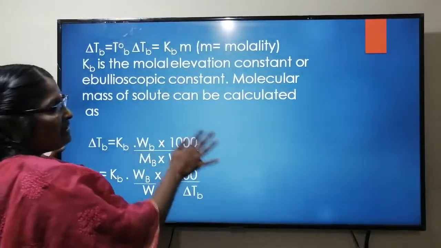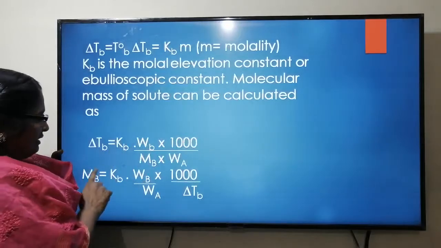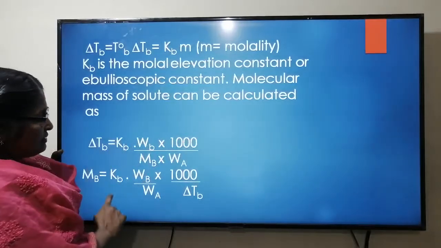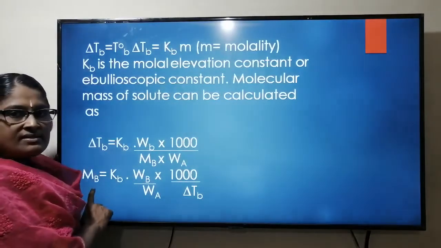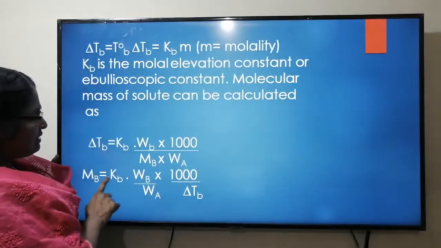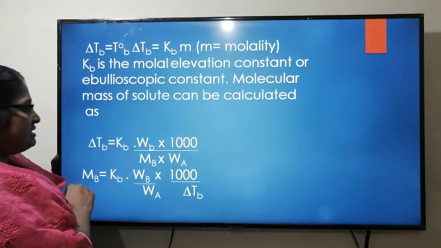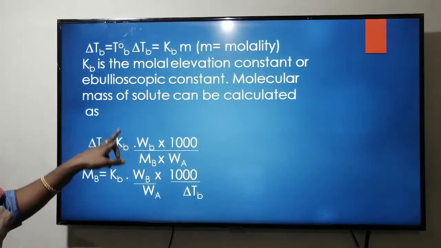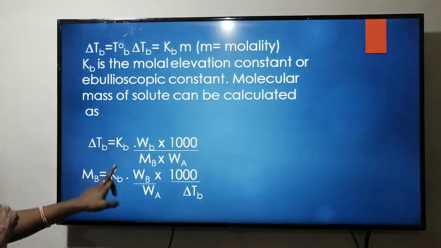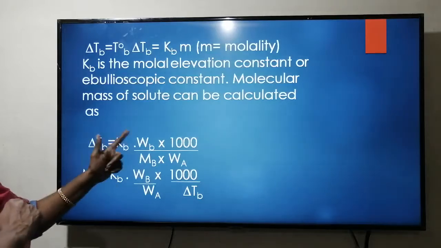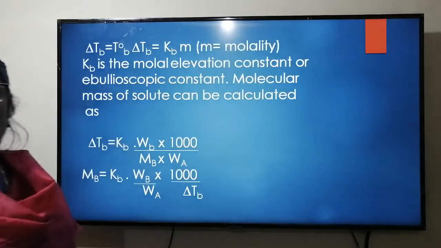Rearranging this equation, the molar mass of solute can be found out. Mb is equal to Kb into Wb into 1000 divided by Wa into delta TB, where this constant Kb is known as the molar elevation constant or ebullioscopic constant.